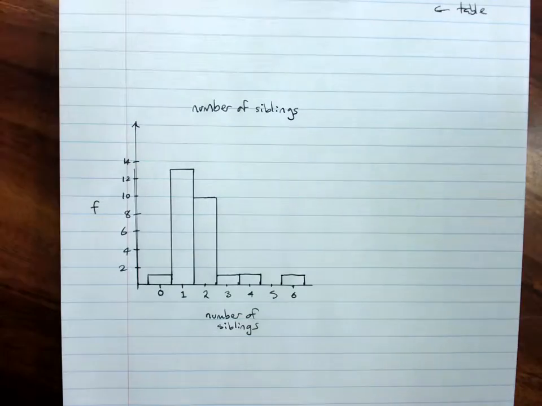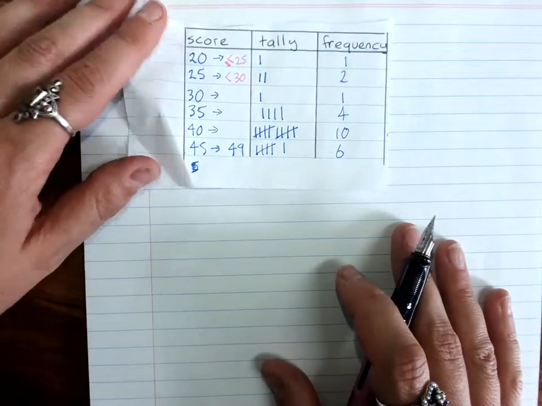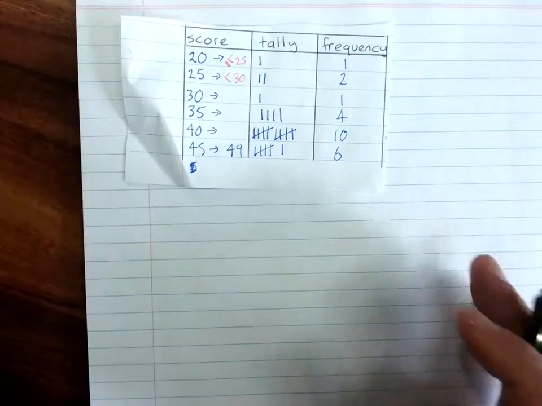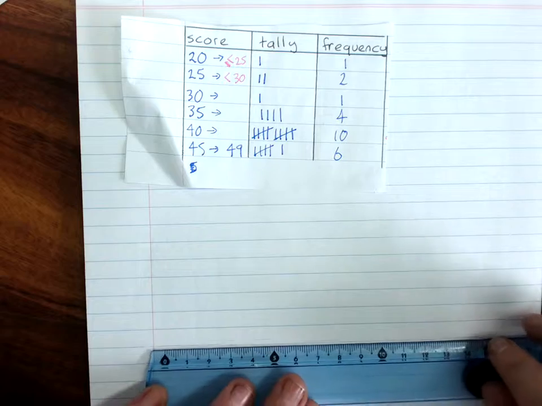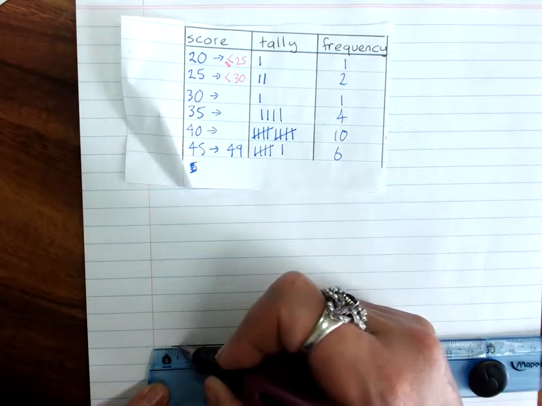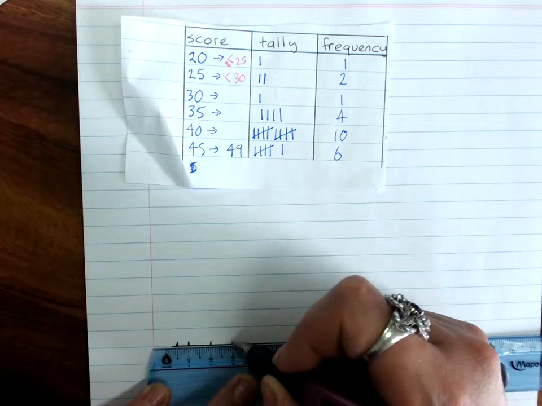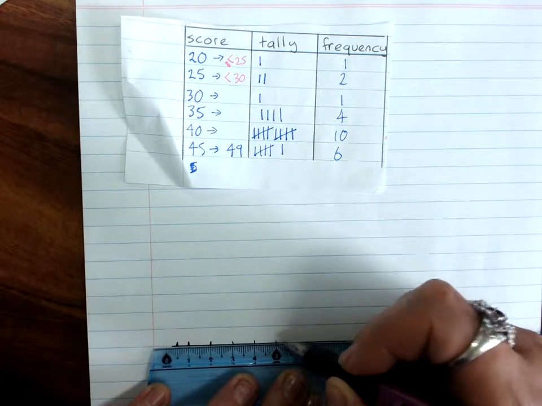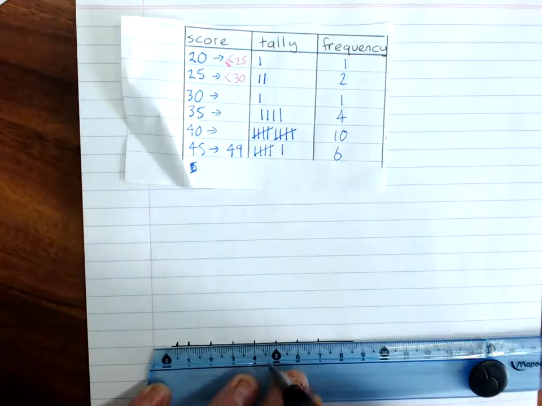And then for grouped data, like this one here, our test scores, we still put our possible scores along the bottom. We still have half a column's width before we start having our columns. I'm going to need 6 columns here because there's 6 different groups.